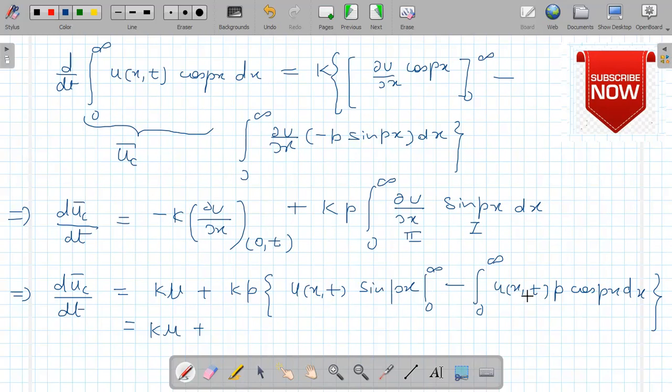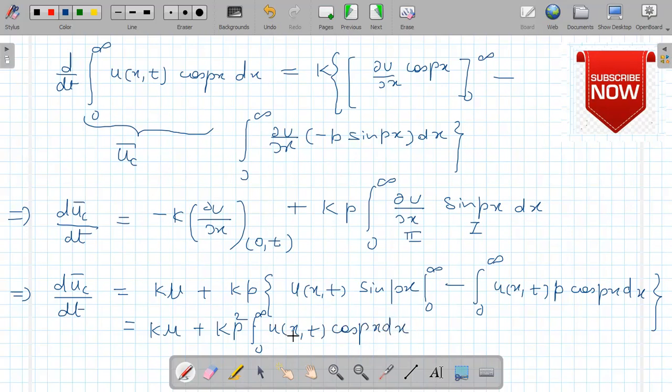So we have this expression only. When you take p outside, this will be 0 to infinity u x comma t cos px dx.